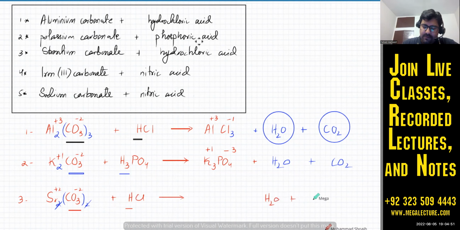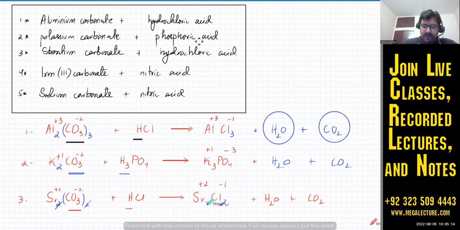So it's going to produce water plus carbon dioxide. And what's left? The Sr and the Cl are left. So that is your salt. So it's going to be Sr and Cl. Sr is group 2, so that's +2. Cl is group 7, so that is -1. So the formula will be SrCl2.